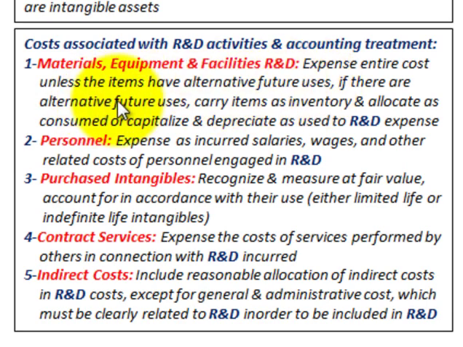If there are alternative future uses, carry them as inventory and allocate as consumed, or capitalize and depreciate as used for R&D expenses. Number 2, for personnel involved, expense as incurred the salaries, wages, or other related costs of personnel engaged in R&D. They have to be engaged directly related to the R&D activity.